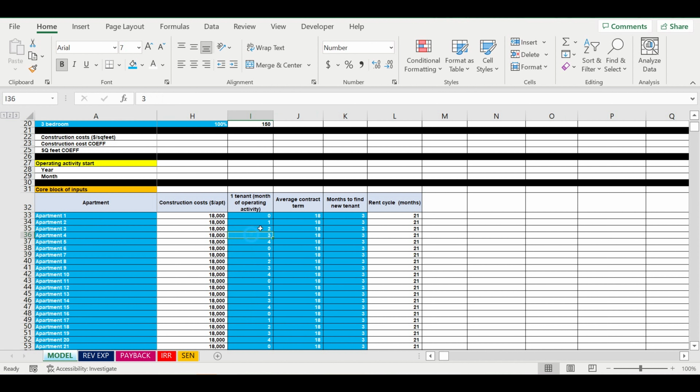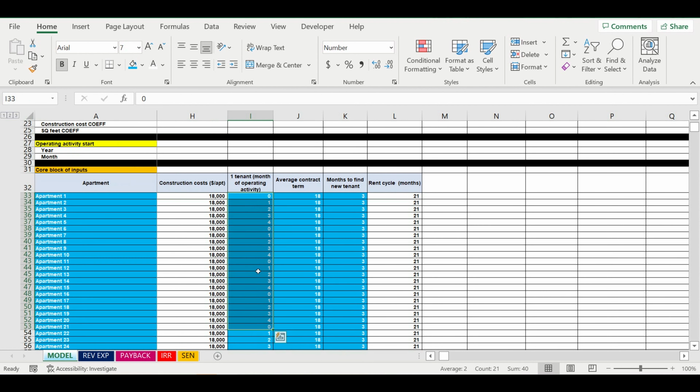So if we put 0 here, it means that we find the tenant right from the first month of operating activity. If we have a 1 here, it means that it takes us 1 month to find a tenant from the moment when we start operating activity.